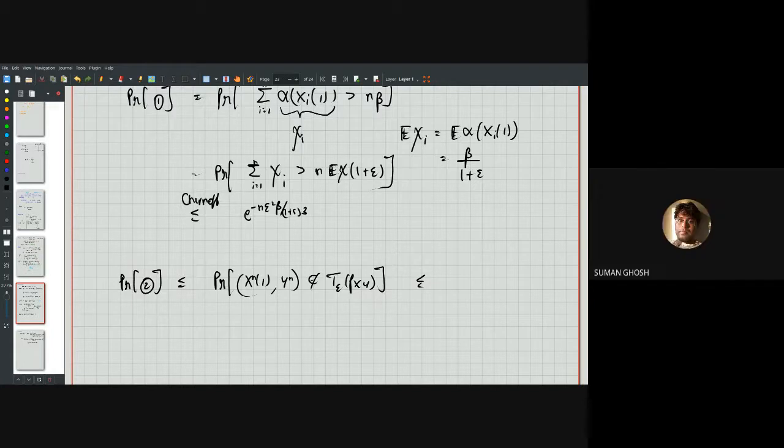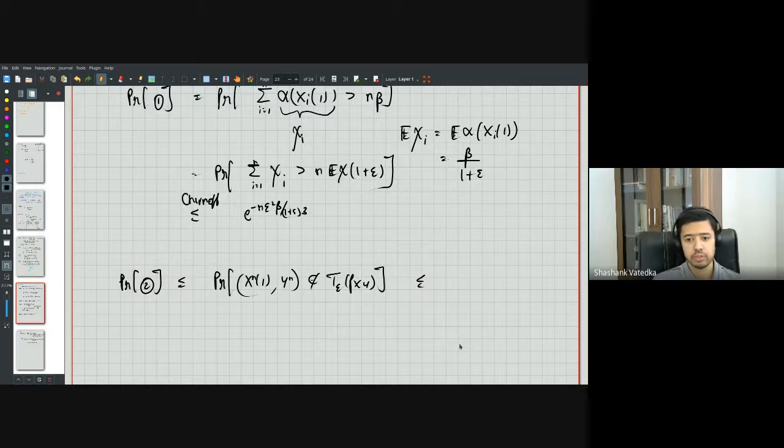It is at most 2 to the power minus n times the joint entropy of xn and yn. It doesn't matter what this exactly is, but this is less than or equal to 2 to the minus n times something, and that is because xn of 1 and yn are IID according to pxy.